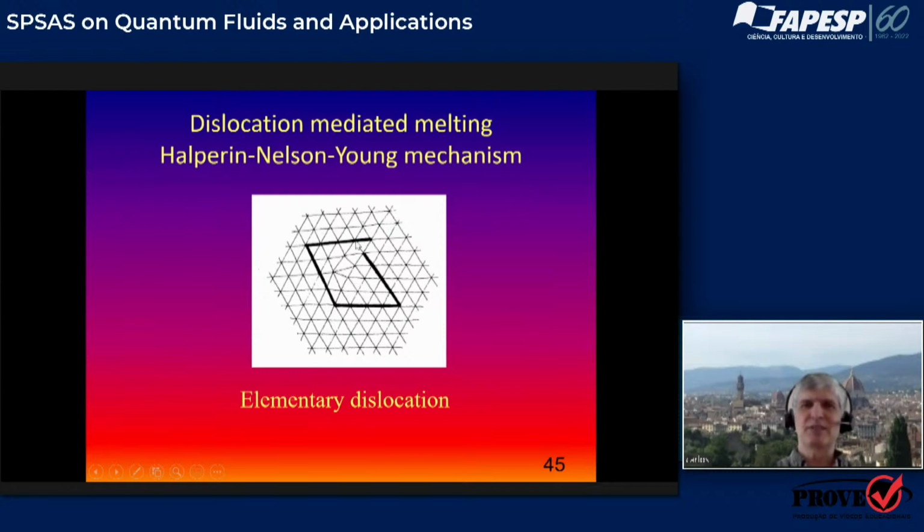It's now well established that the melting occurs precisely through the emergence of these elementary dislocations and their proliferation. So it's a bit different in 2D than it is in 3D. But in 3D, yes, using phonons themselves will be very much the way to do it. In here, the melting is topological in nature. You create these topological defects, which proliferate and then completely destroy the crystalline order of the crystal.